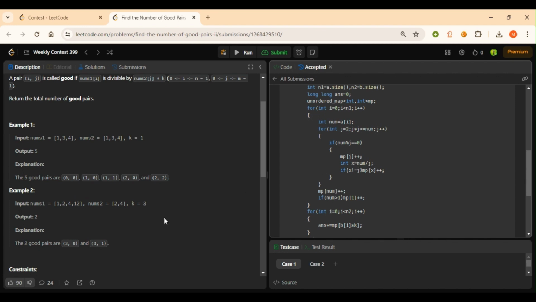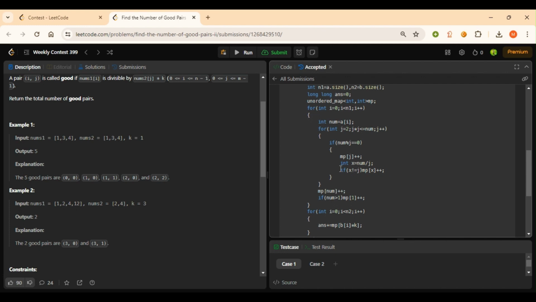That should also be counted because 6 is also a factor of 12. Since 2 is a factor and 12 is divisible by 2, 12 by 2, that is 6, must also divide 12. So 12 is also a multiple of 6. That's why we are considering 6 as well as 2. So 2 will be counted here and 6 will be counted here.